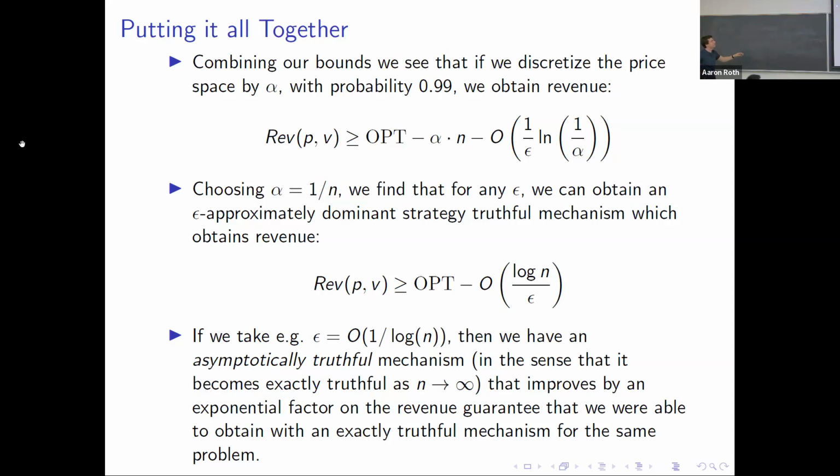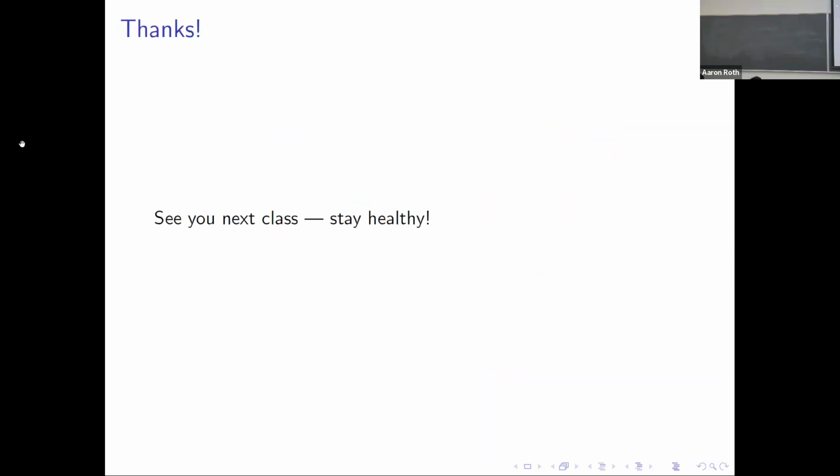N could be quite large. The incentive to deviate becomes negligible. And in exchange for allowing a small but negligible incentive to deviate, what you get is an exponential improvement in your loss compared to the optimal revenue. You went from root n to log n. Okay. That's it. And I'll see you guys next class.